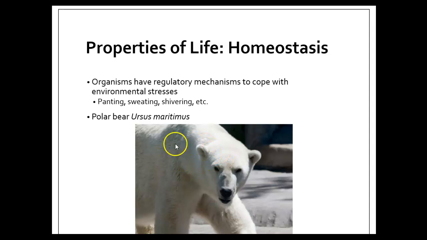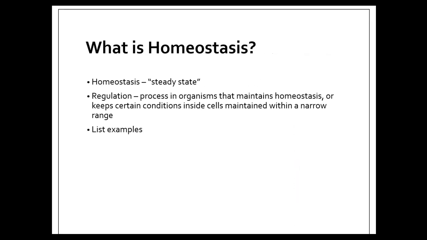And this polar bear has mechanisms to keep its body temperature warm because it is what we call a warm-blooded or endothermic animal. Homeostasis means steady state. Regulation is the process that organisms use to maintain that steady state. So homeostasis is the steady state. Regulation is the process to maintain it.